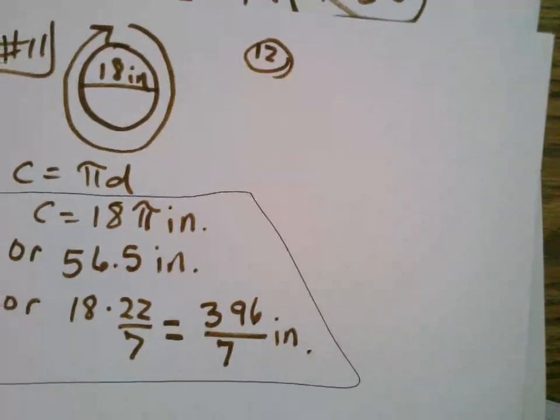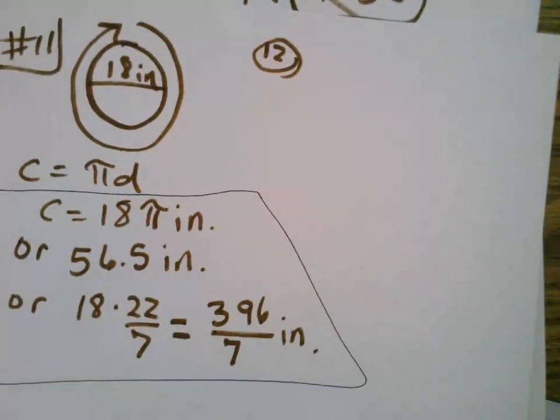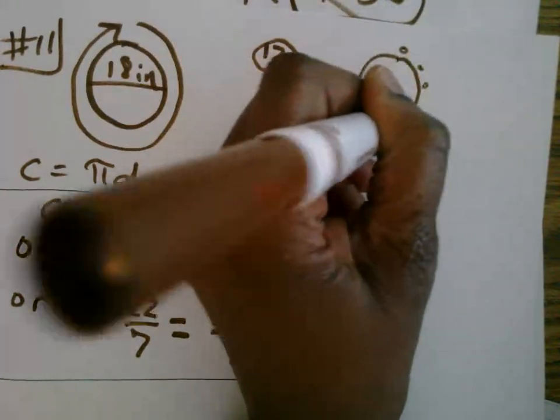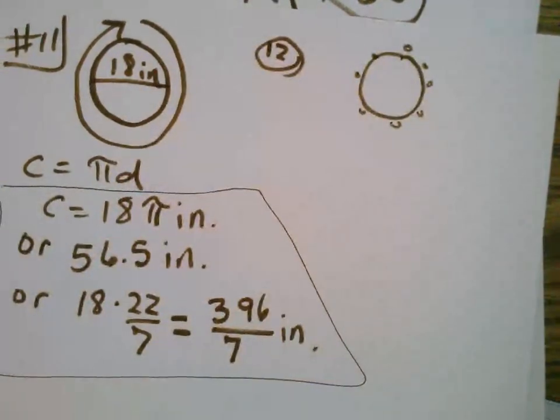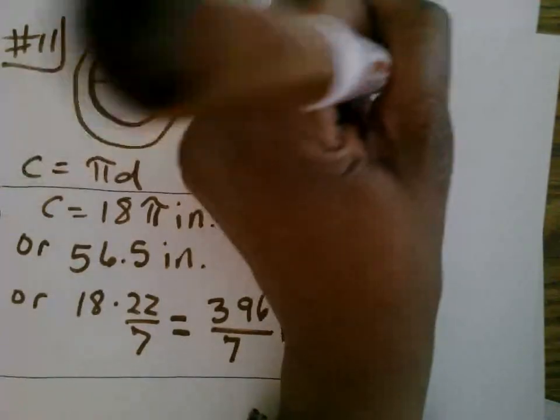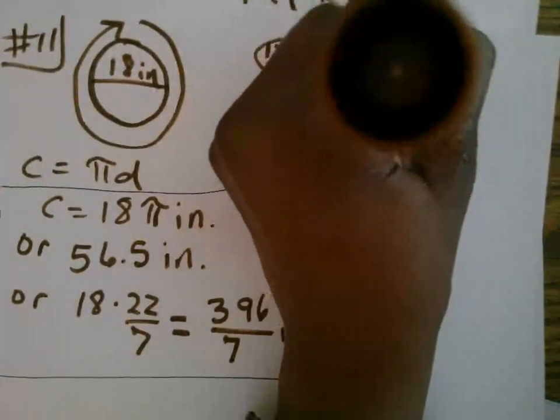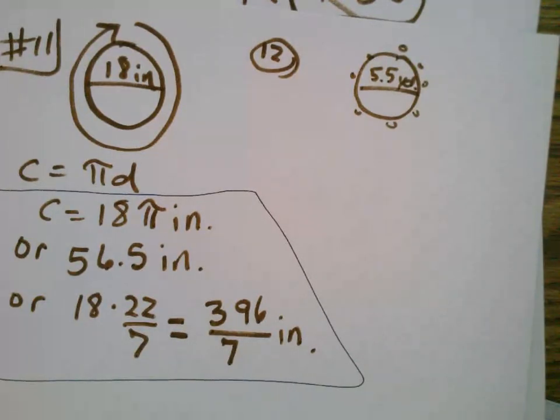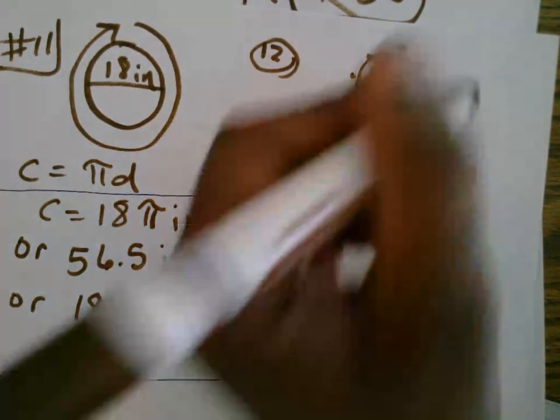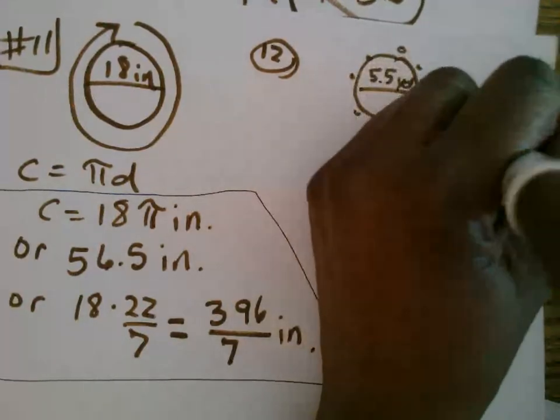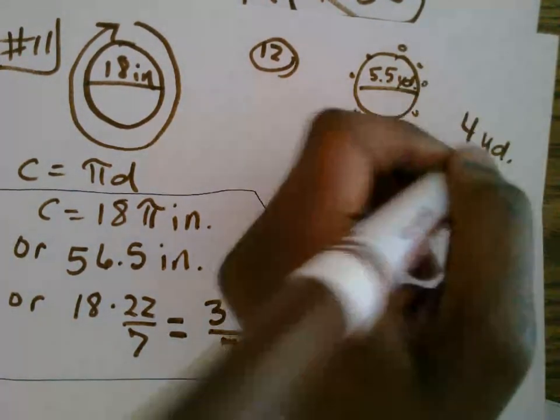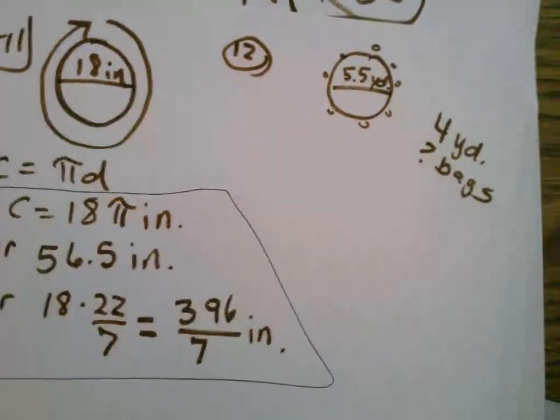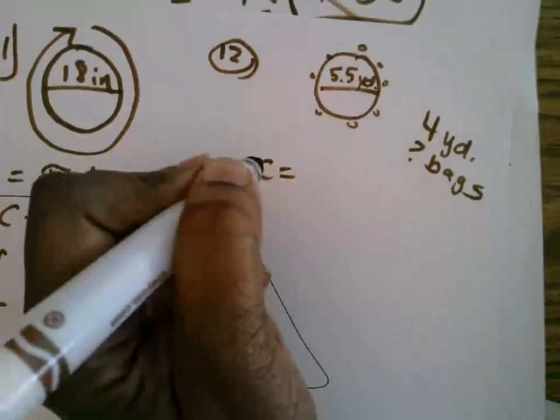All right, number 12. A landscape company is putting small stones around a circular fish pond. They're putting stones around the pond. And the pond has a diameter of 5.5 yards. If each bag of stones fills a distance of 4 yards, how many bags do they need? Okay, so we need circumference, correct?